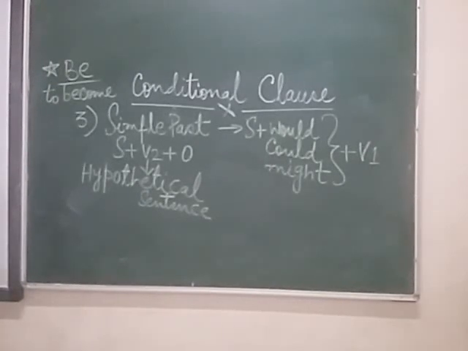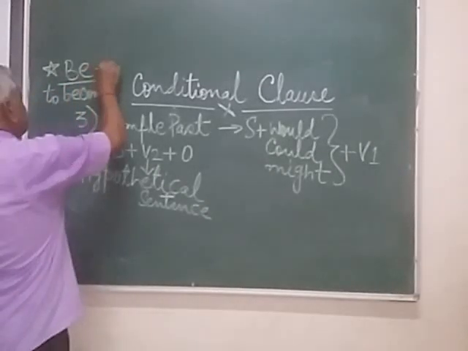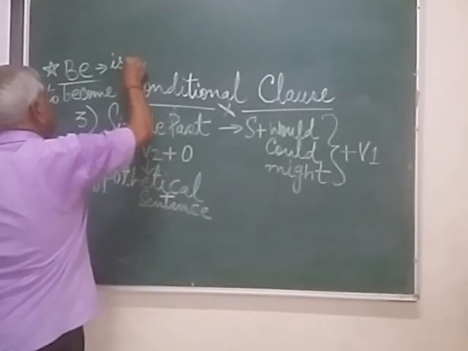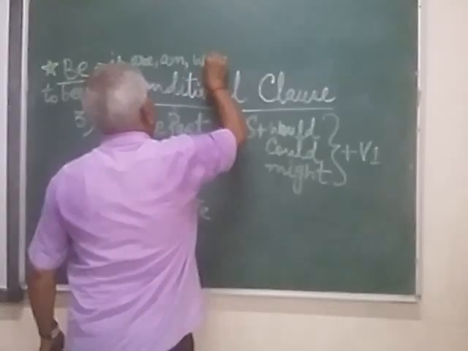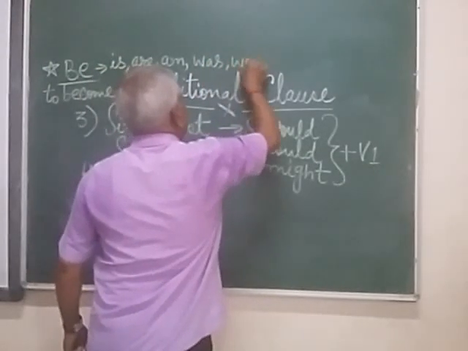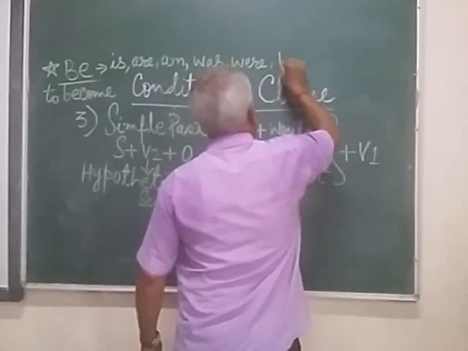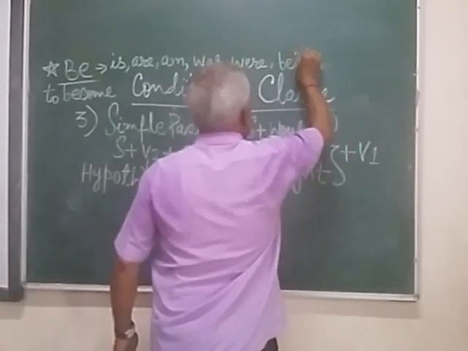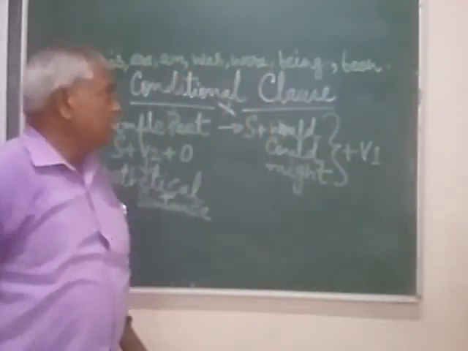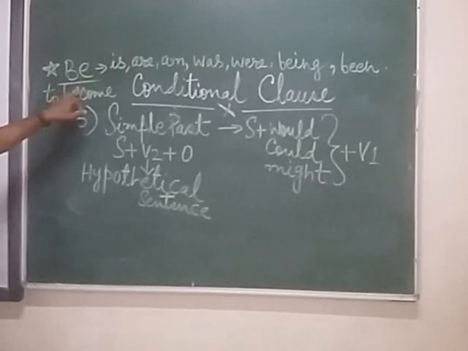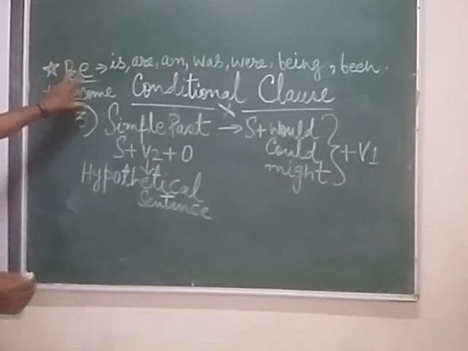So there are certain words that originate from the word be, which are known as is, are, am, was, were, be. These words originate from the actual word be. This is an action word, and I am giving you this extra knowledge.